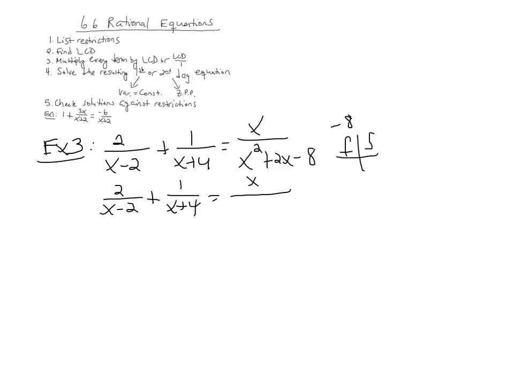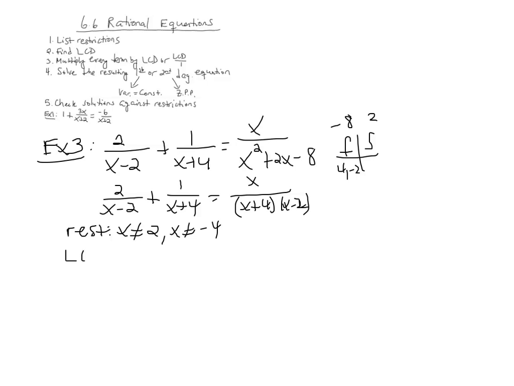So two numbers that multiply to negative 8 and add to 2: 4 and negative 2, so it factors into x plus 4, x minus 2, which were actually the two denominators from before. So the two numbers that we thought were restrictions turn out to be the only restrictions. x can't be 2 and x can't be negative 4. So it took a little work there to find the restrictions.